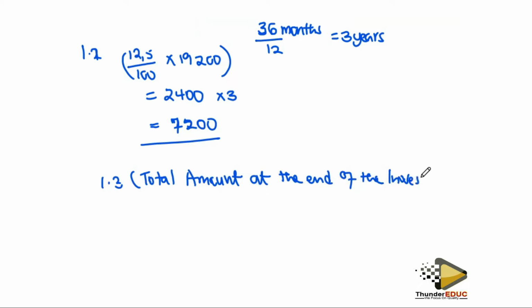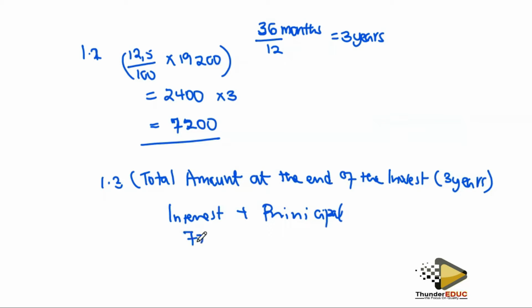Remember, the investment is going to last for 3 years. So at the end of the 3 years, he would have got the interest plus the original amount of money that he invested. In simple terms, this becomes 7,200 plus the principal amount, which was 19,200.